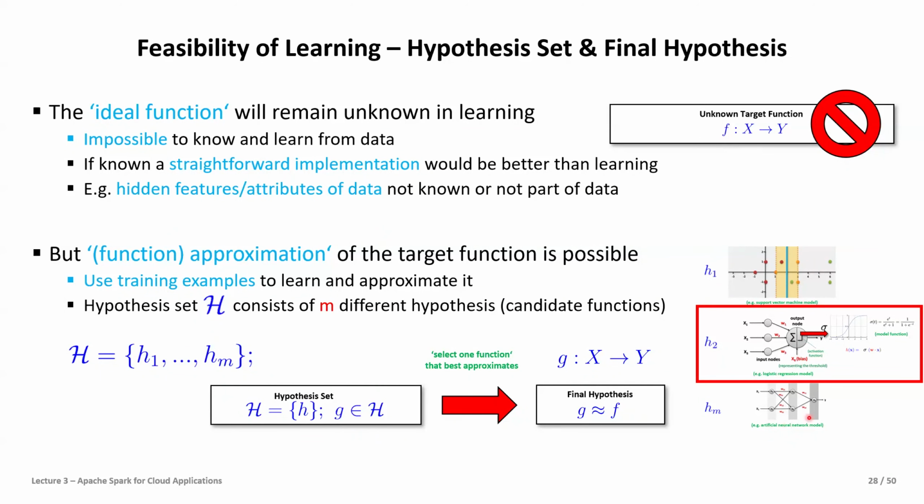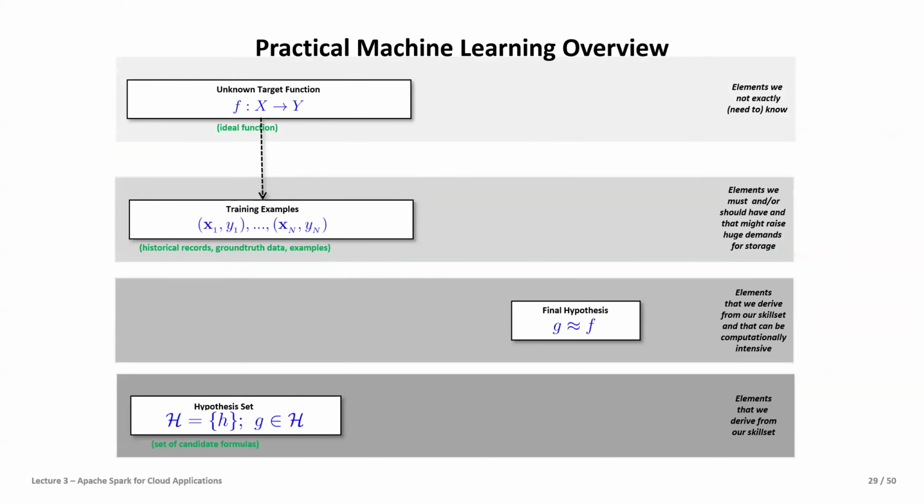And within these, you would have artificial neural networks with lots of layers, support vectors of some kind. There are lots of ways you can influence the hypothesis and how it's trained. And then even every trained version of it would be another hypothesis. Hence, we come quickly to this M, more or less infinite. But we will find some solutions where we can get to one that we can pick, which is then G. So let's put that in our practical machine learning overview, right?